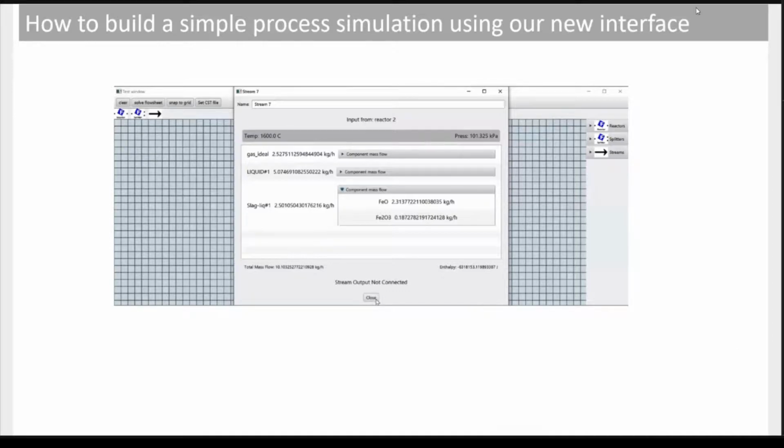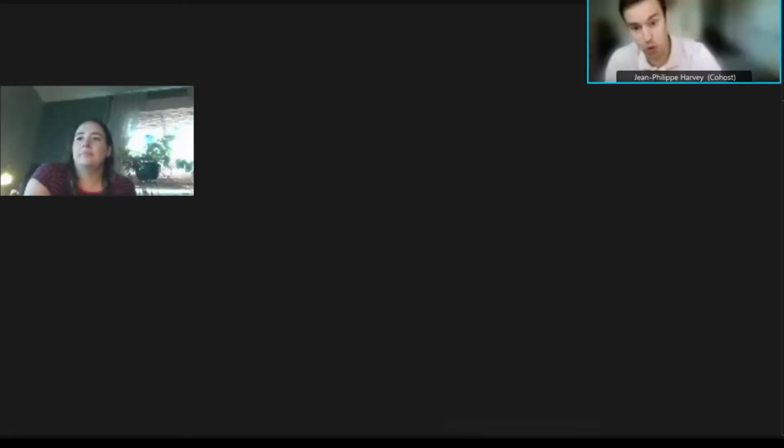So if you want to see this feature in FactSage, perhaps not in 8.2, but if you are interested and you feel like it's a good idea, maybe by sending an email to Chris and Arthur, we'll speed up the process, because I think we're almost ready to have something interesting for our clients. And maybe a couple of emails will ease the introduction of this interface in FactSage 8.2, who knows?